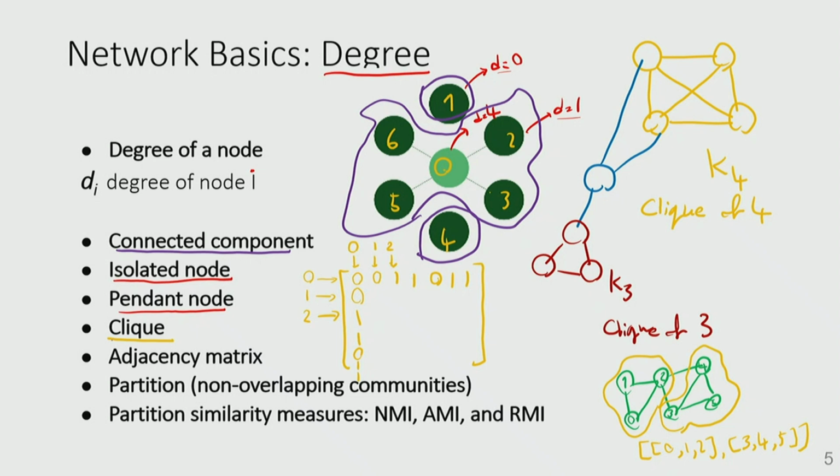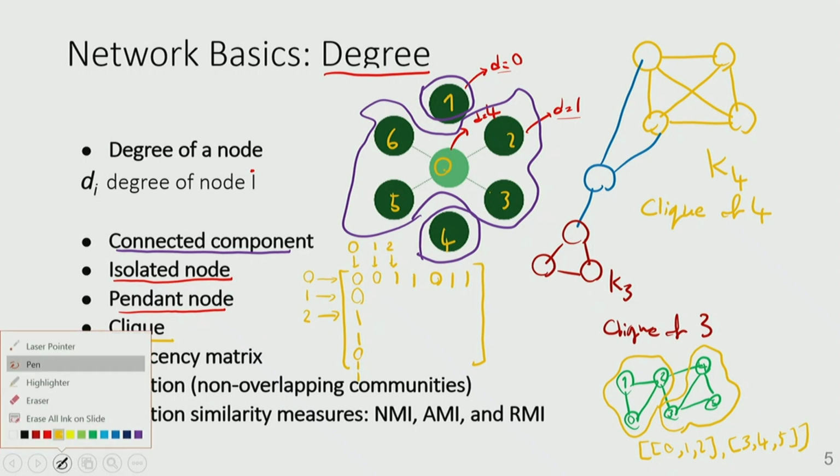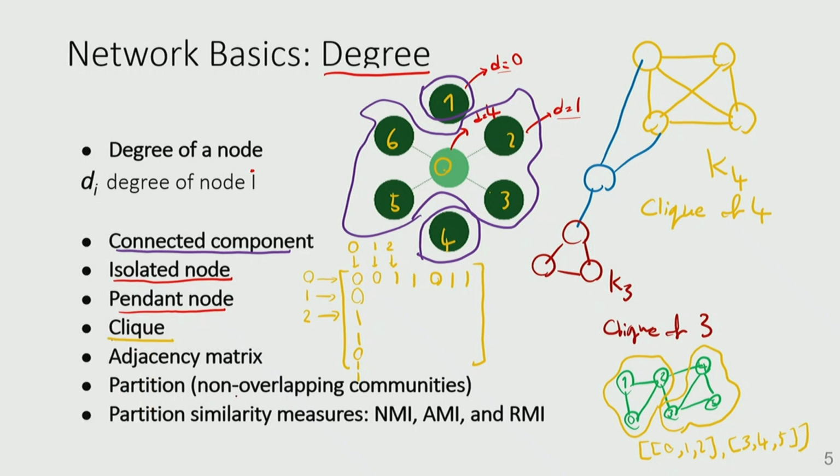So this is one partition of this network, one clustering of the nodes. Why we're doing this, you need to wait for the answer. Another name for partition is non-overlapping communities. The two communities of this network are community 1, or cluster 1, and community 2, based on this partitioning. There's no overlap between them. There's no node that belongs to two communities.